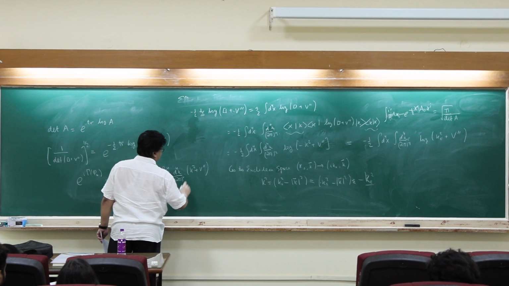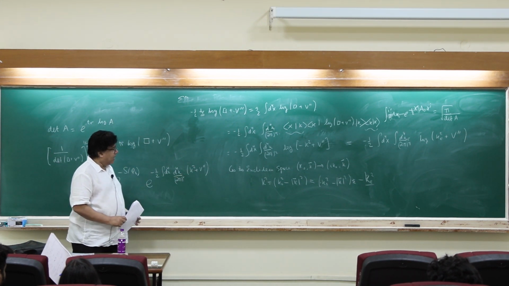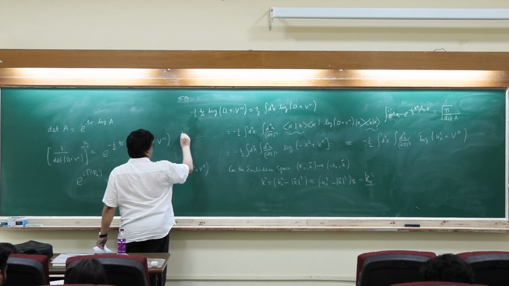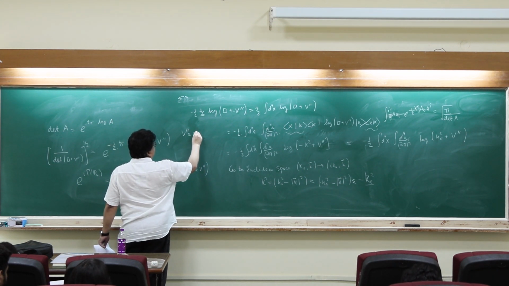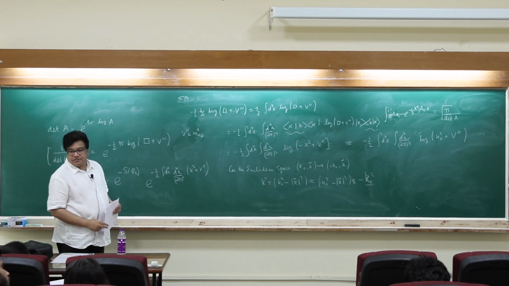So sometimes it is written as k squared plus m squared also, because V double prime is basically m effective squared. You can also write it as m squared effective. Okay.